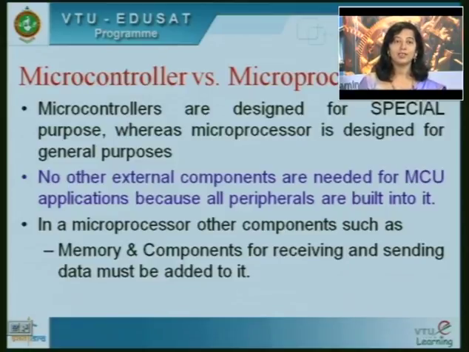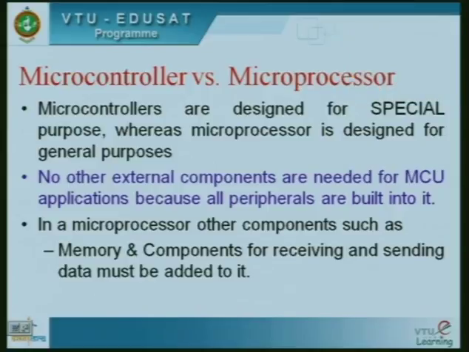A microprocessor board comes as a general purpose board where everything is external, memories and other peripheral interfacing devices are externally connected, whereas in a microcontroller everything is on a single chip.